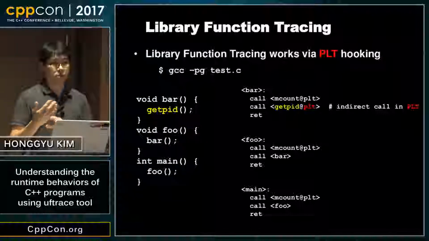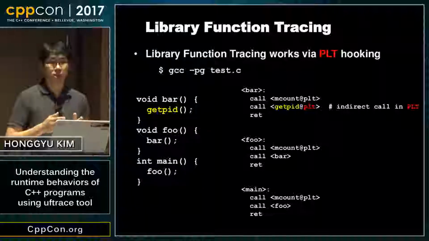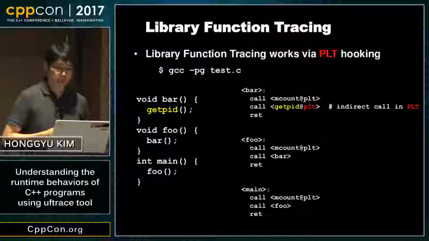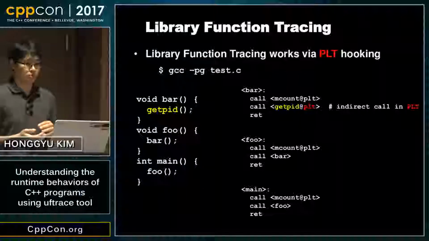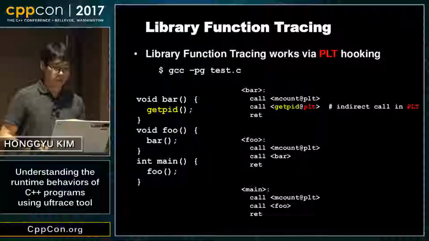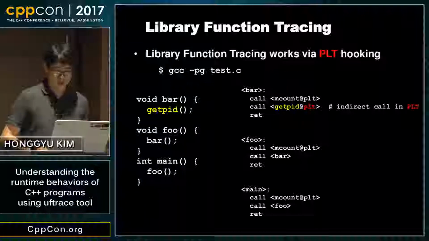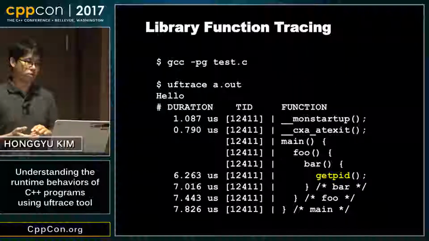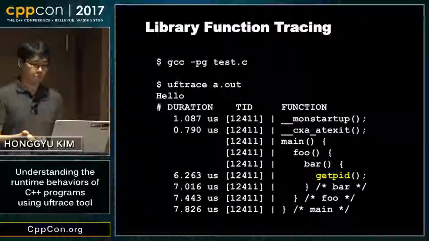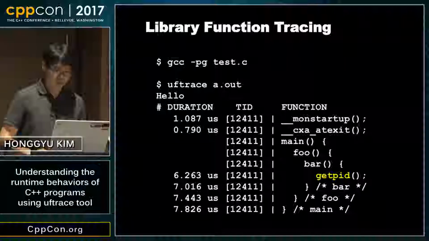There's a kind of table, and uftrace just hooks the table to trace the library. In that case, you don't have to recompile your program with the -pg option. Library calls can be traced without problem. But if you recompile your program with the -pg option, you can also see the user space functions in this way.